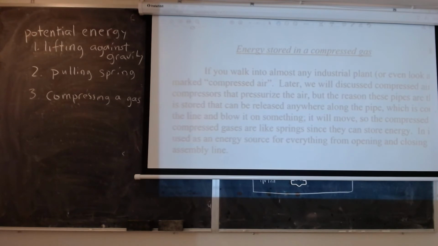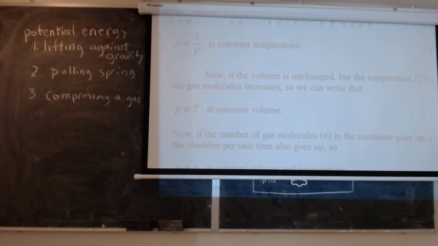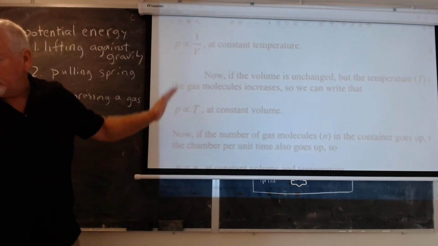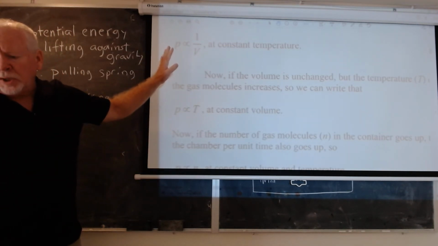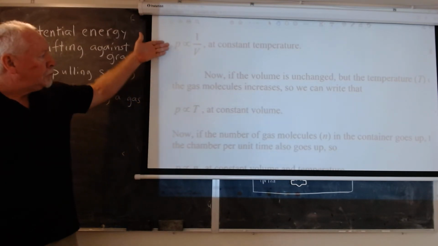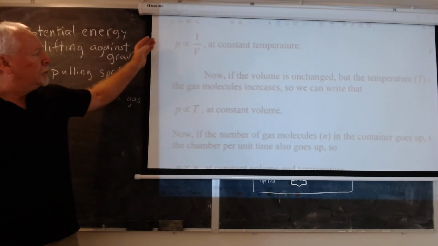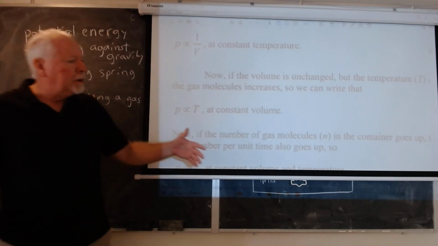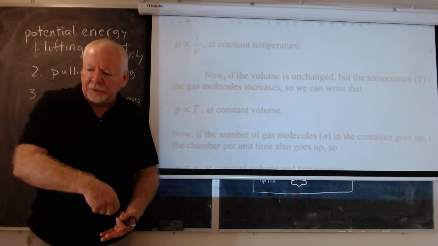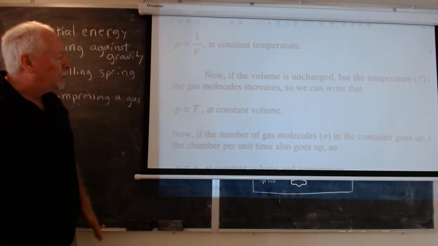Now, in this discussion of compressed air, I go through essentially the ideal gas law, which I'm going to try and rely upon you for. You can follow along with the video here with your course notes. This equation states, and this is probably a review for a lot of you, that if I take a certain amount of air and I reduce its volume somehow, like in the plunger situation, the pressure goes as 1 over the volume.